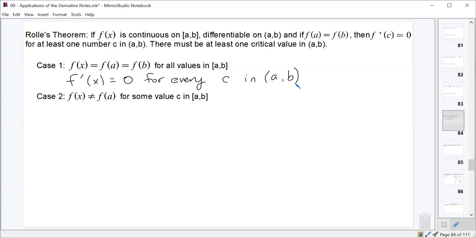The only other case is that the function must not equal f of a or f of b for at least one value c in a to b.